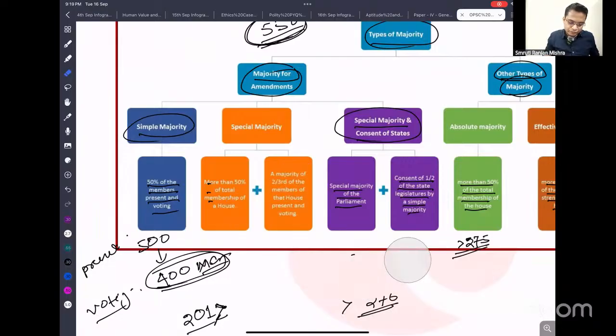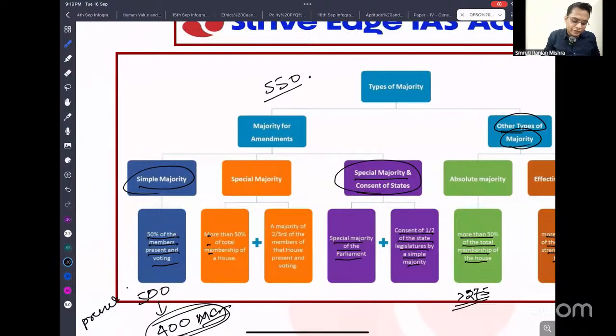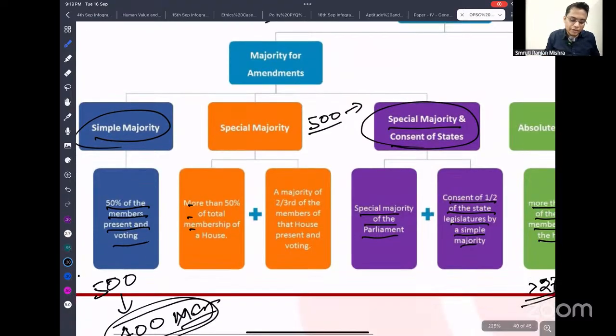So let's say the total strength of the house is 550. But out of that, 500 people are present, and 450 people voted.